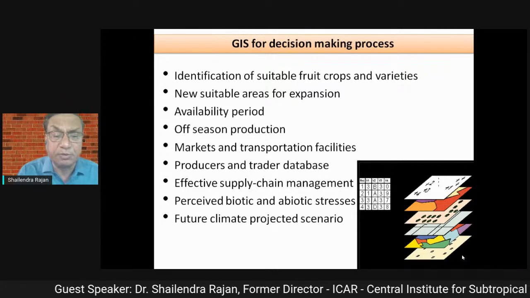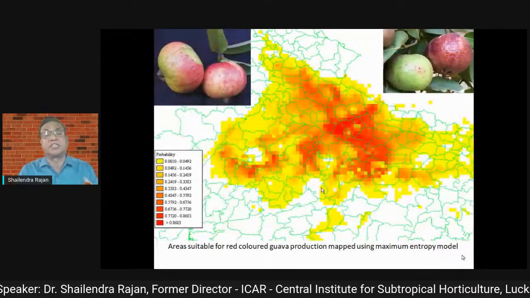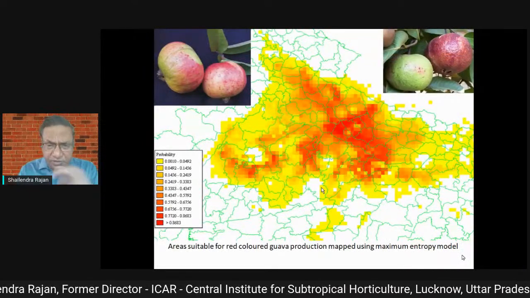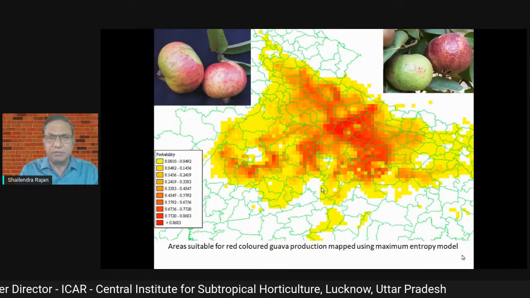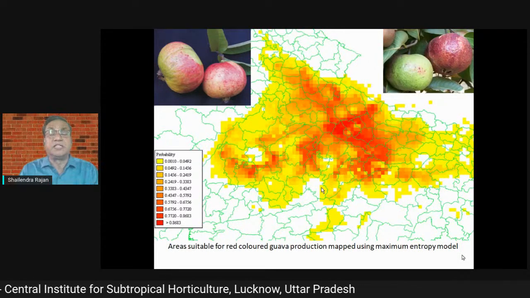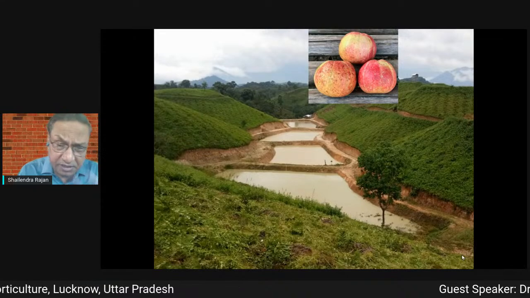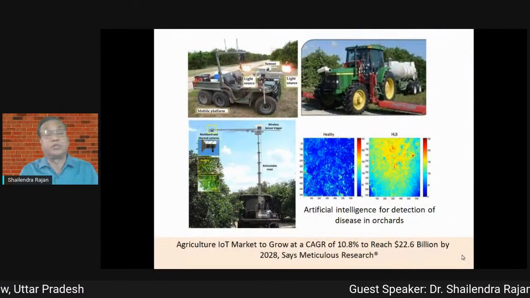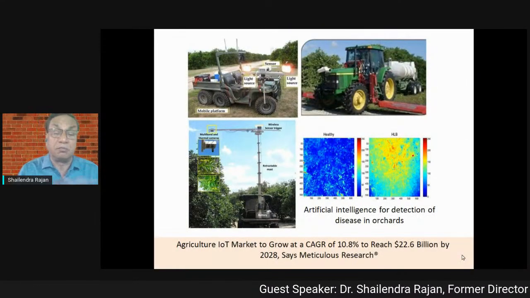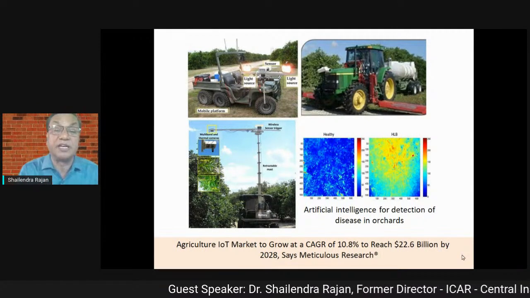These types of things, and producers and traders, many databases can be done. Then suitability of the variety can be worked out, where the color will develop or not, where the variety is suitable. Some of the examples we have used for the Northeast, where the particular area has been utilized for the commercial production of some of the varieties.